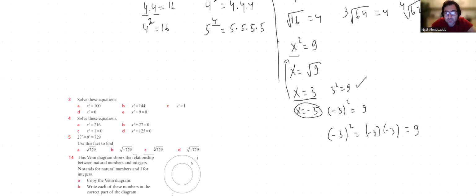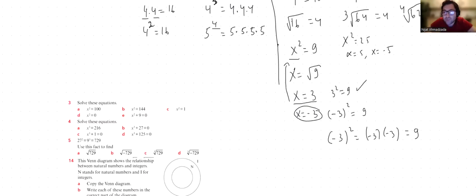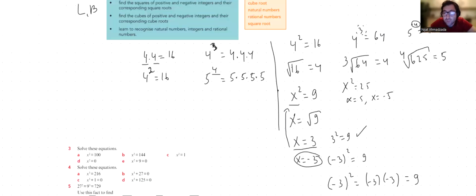Similarly, x squared is equal to 25 means that x equals 5, but also x equals negative 5. Now we also have to notice something else. If x squared equals 25, then x equals negative 5 as well, but that does not mean that the square root of 25 is also negative 5. No, this is wrong.